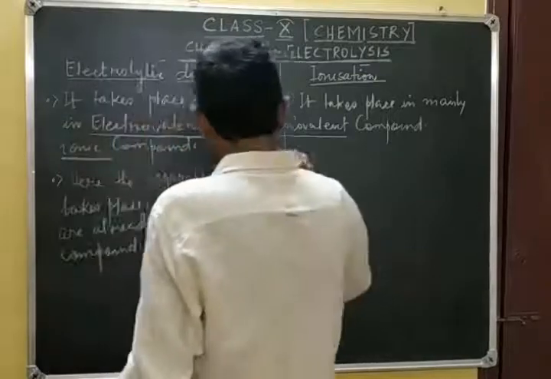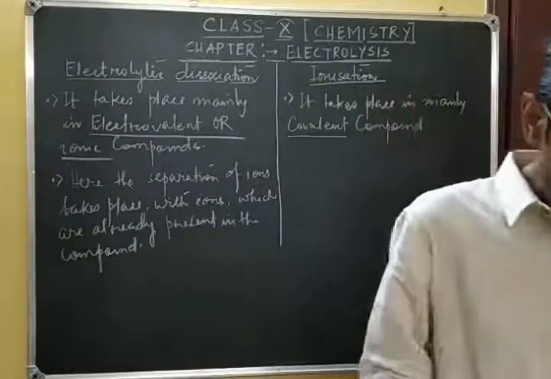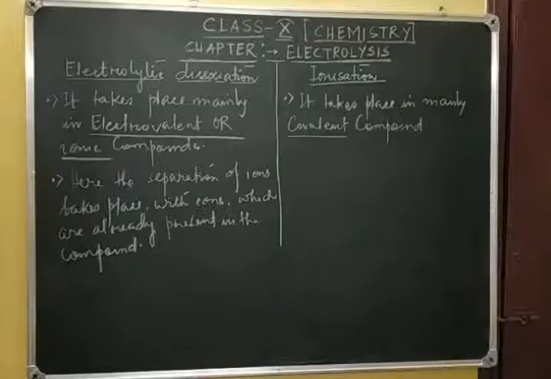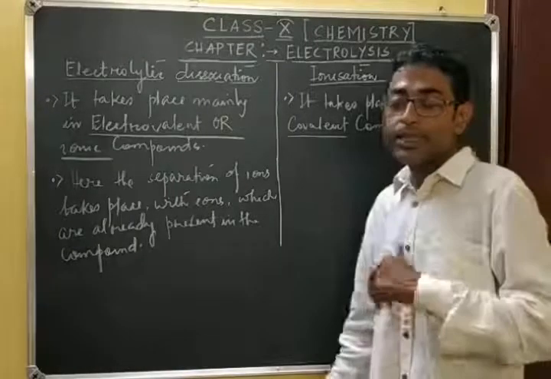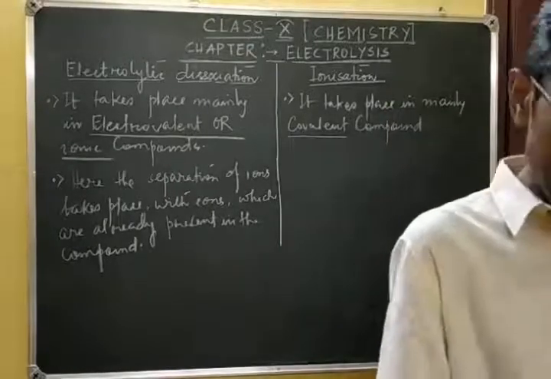And in ionization, there are no ions beforehand. First of all the charged ions are formed, and then those ions start moving towards the electrode.